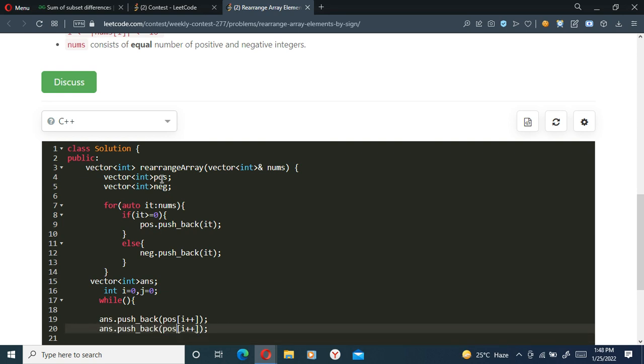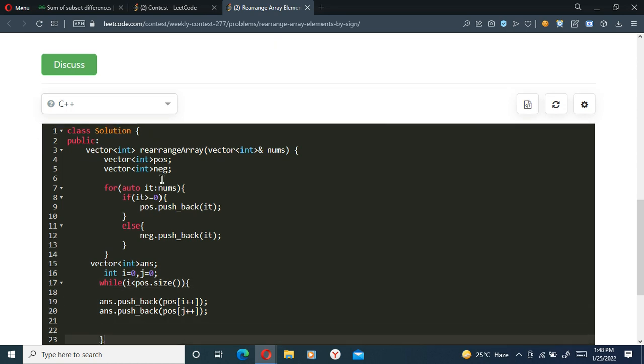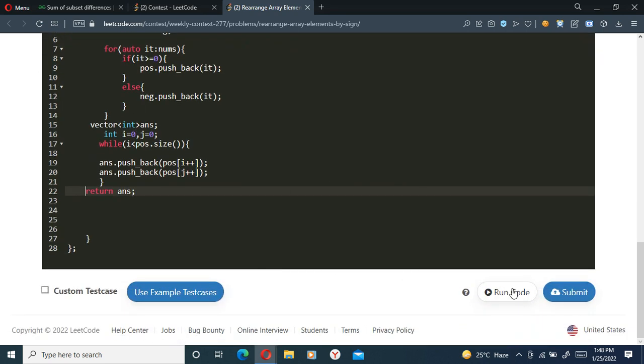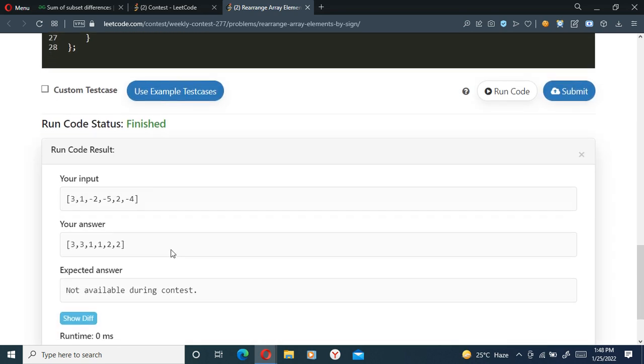And I will say while i is less than positive.size. Since I know for sure the lengths are equal, it will not encounter any problem with the sizes being mismatched. So this should be okay.